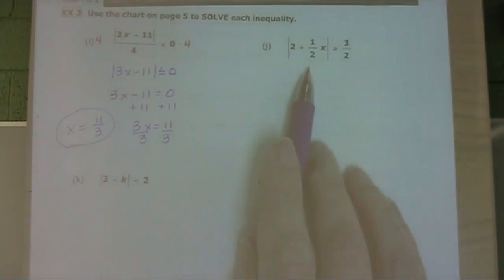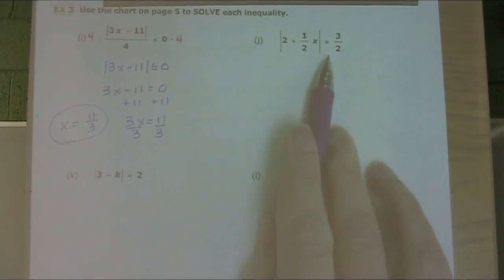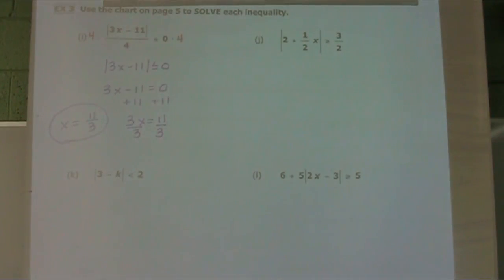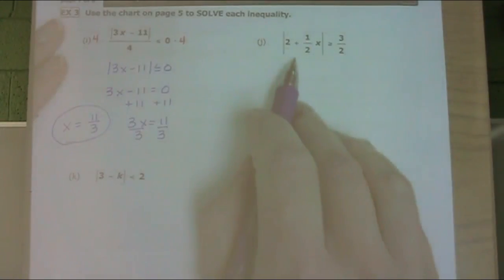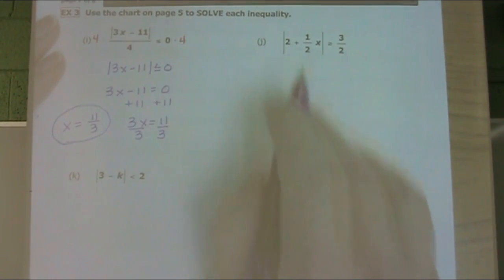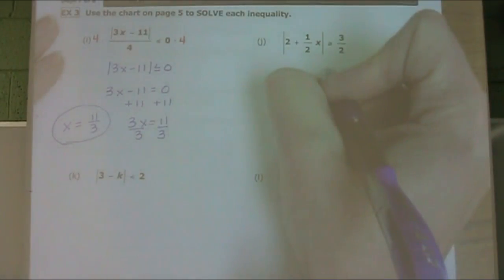All right, next example. We have absolute value greater than or equal to a positive number. What type of solution will this be? Conjunction? Pardon? Conjunction. This will actually be a disjunction. Greater than or equal to a positive number is a disjunction.